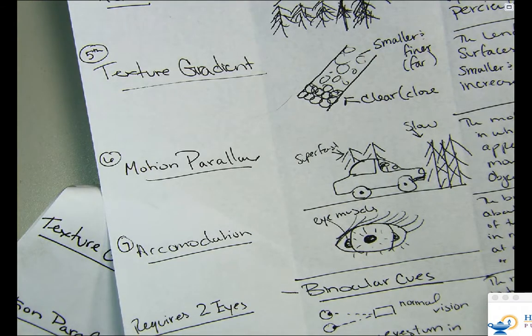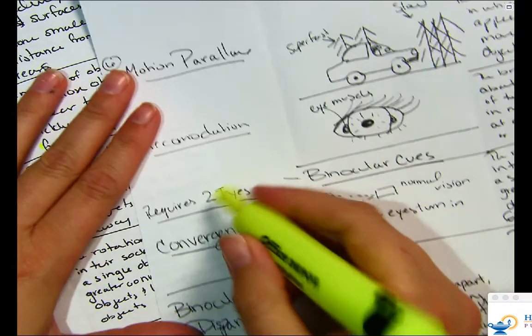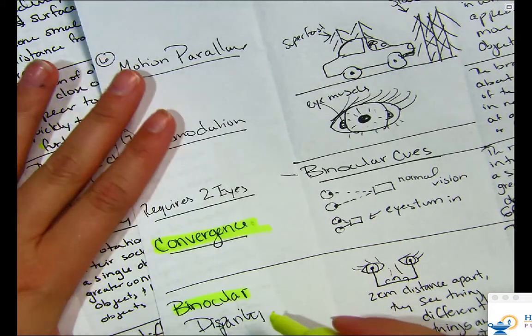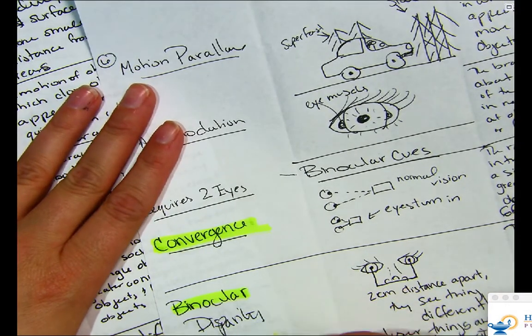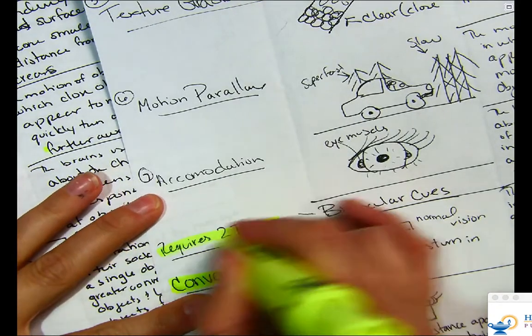Okay, you need to be able to say what are the two binocular cues, which are convergence and binocular disparity. You need to know that it requires two eyes.